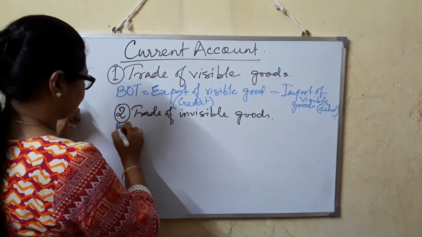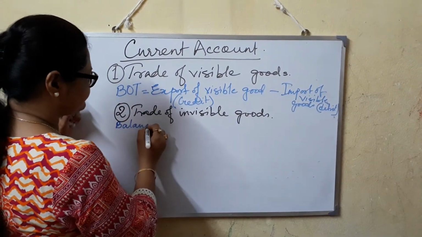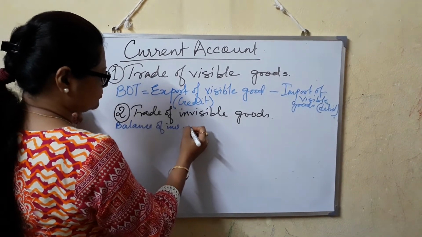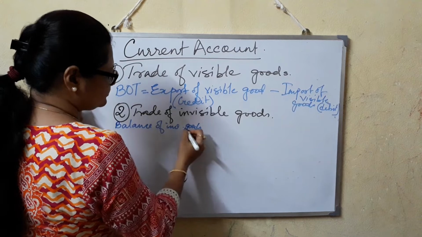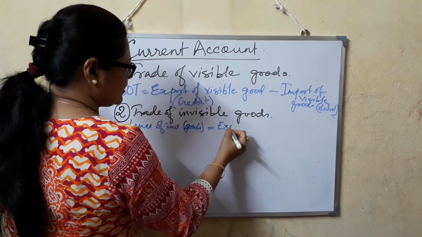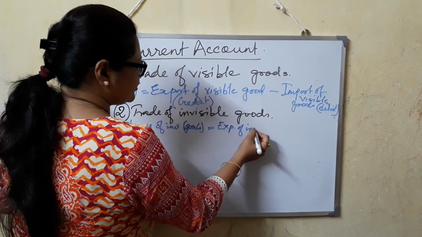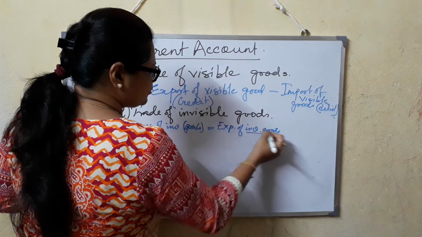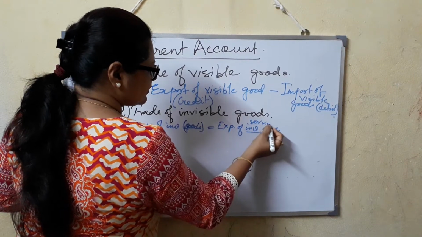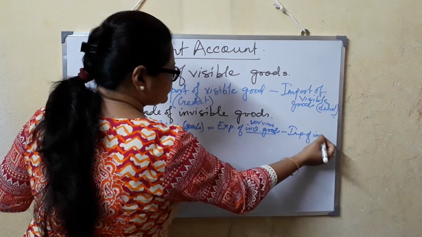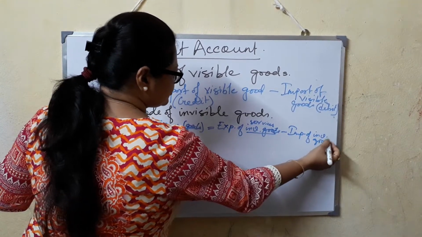So balance of invisible goods or trade, whatever, export of invisible goods or services, you can write, minus import of invisible goods.